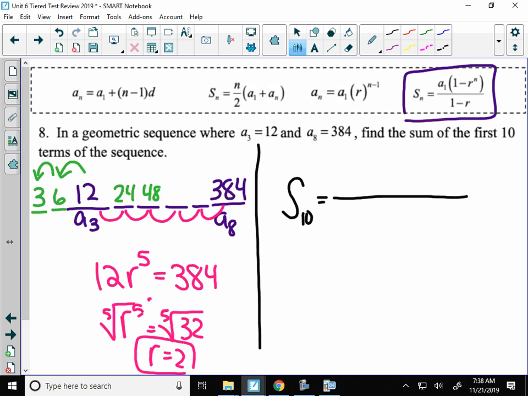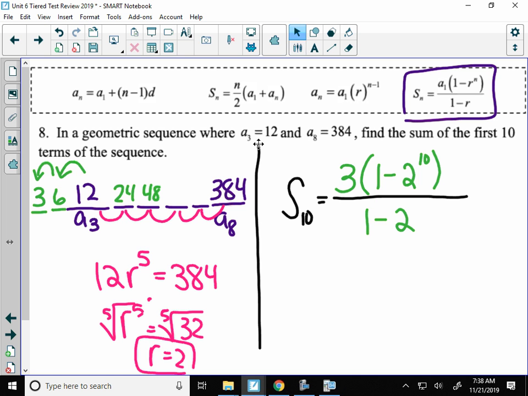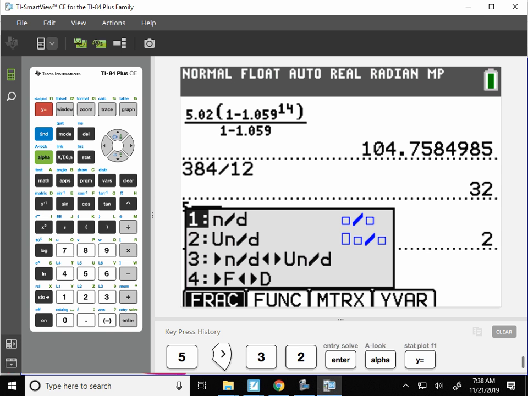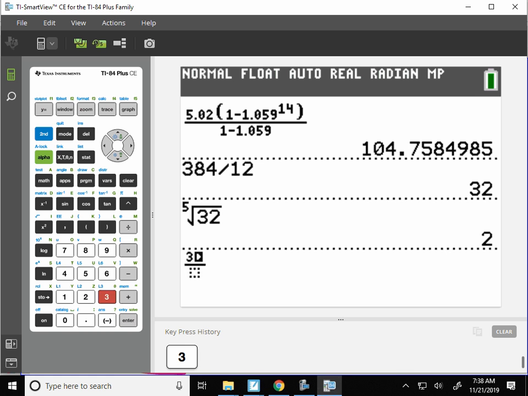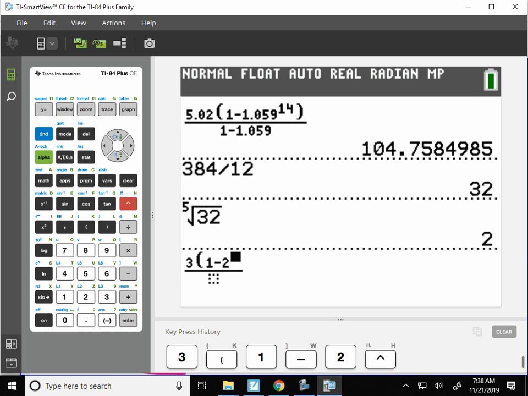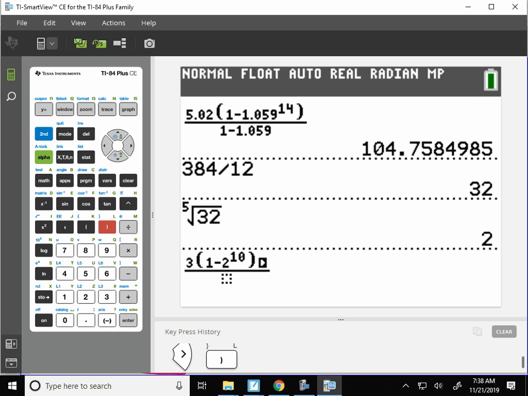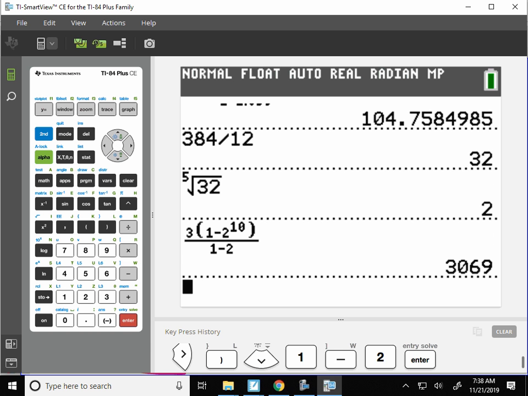So my first term is 3. 1 minus the common ratio to the n power over 1 minus r. And then you can type that into your calculator. Let's go 3 times 1 minus 2 to the 10th over 1 minus 2. And that is your sum, 3069.